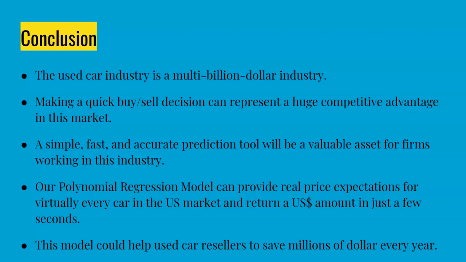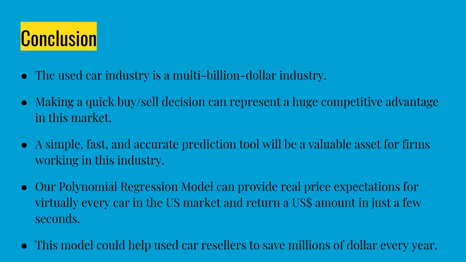A simple, fast, and accurate prediction tool will be a valuable asset for firms working in this industry, and we firmly believe that our polynomial regression model can provide real price expectations for virtually every car in the US market and return a dollar amount in just a few seconds.